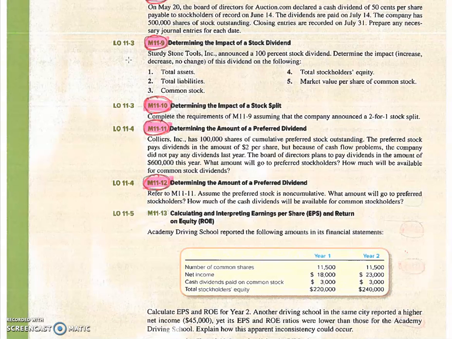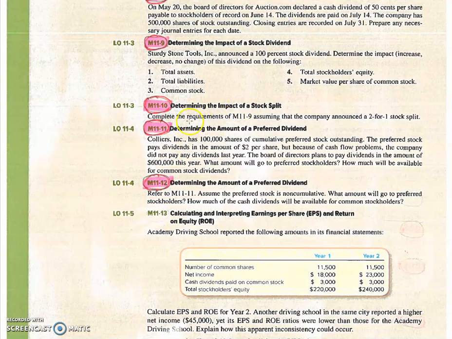Total assets, no effect. Total liabilities, no effect. Common stock is going to go up because we are going to issue additional shares. Total stockholders' equity will be unchanged. We're increasing common stock, but we're decreasing retained earnings, which is a stockholders' equity account. And market value per share, you'd expect it to go down, about cut in half.